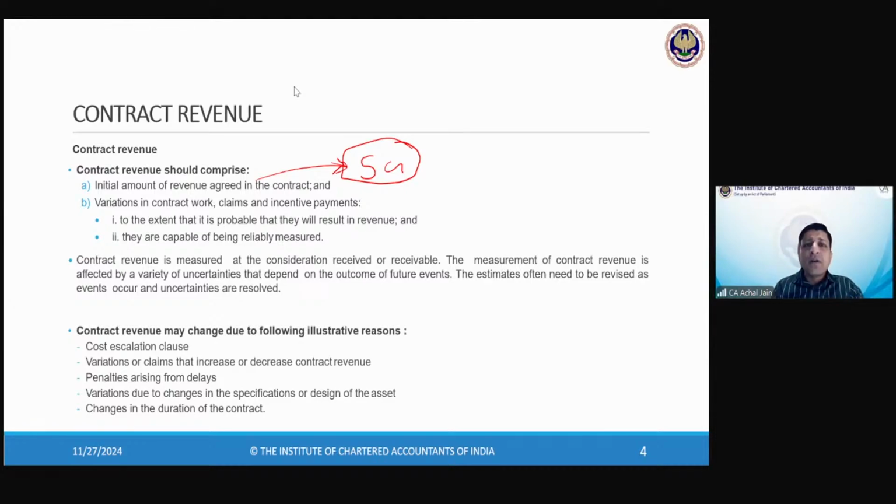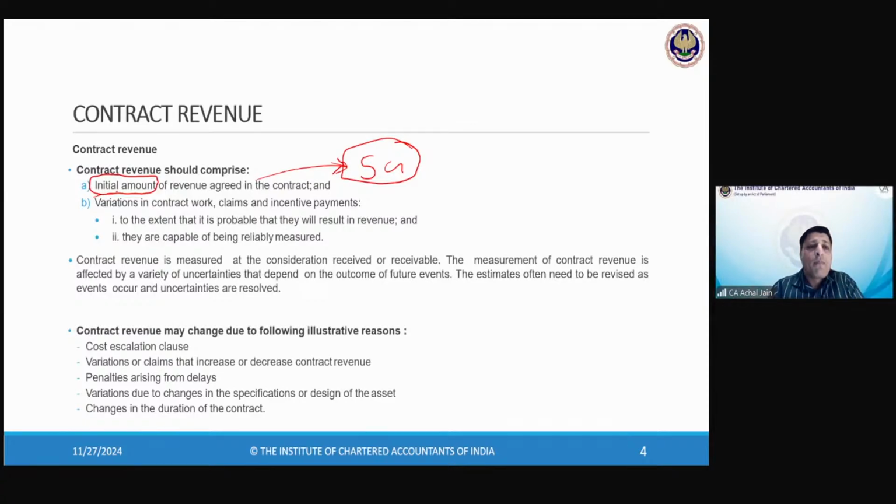The contractor will complete the work and get 5 crore revenue. So as far as recognition of revenue on this 5 crore, or you can say on this initial amount, is concerned, there will not be any challenge. So this will not be a problem for you.